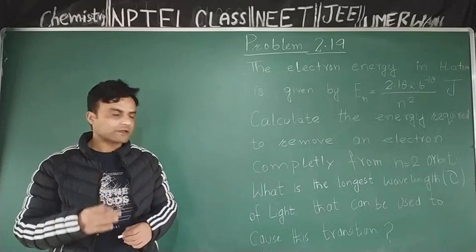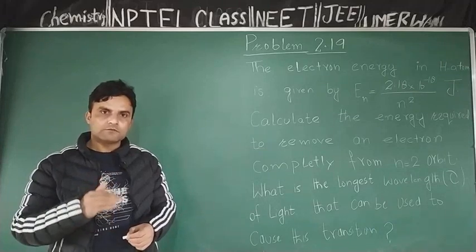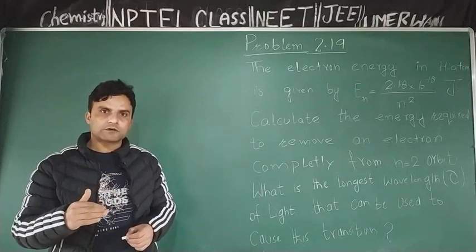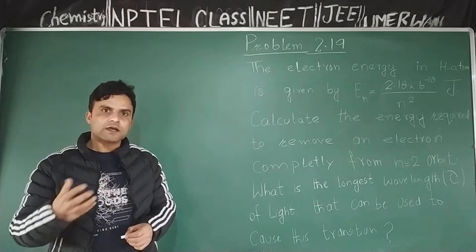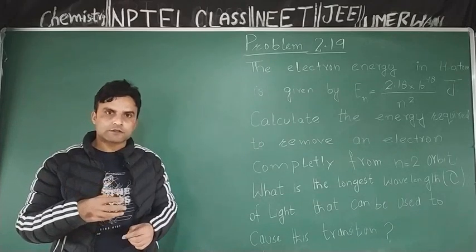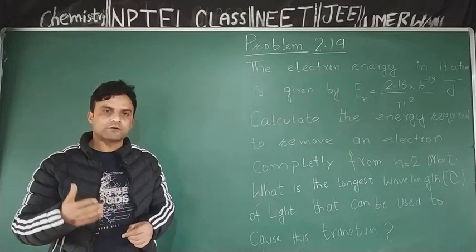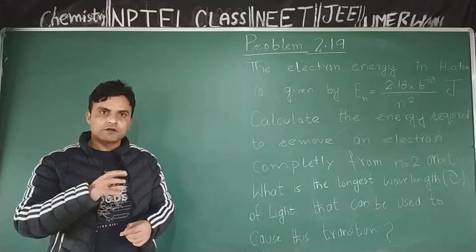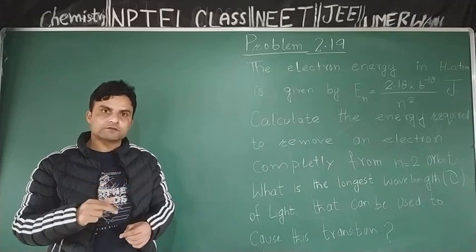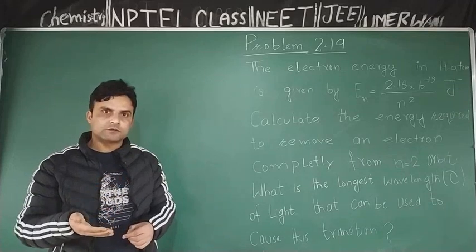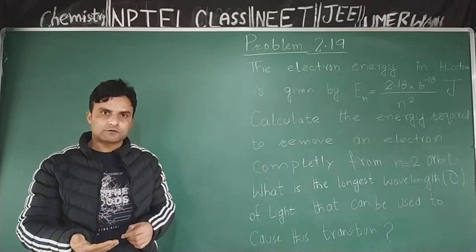So first we will calculate energy of electron present in second orbit. Then we will calculate energy of electron present in infinite orbit. At infinity, we believe that electron is now not under the influence of nucleus. Atom is ionized. Third, we will calculate the energy difference between energy of electron in infinite orbit and energy of electron in second orbit.